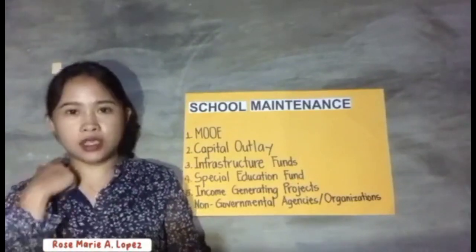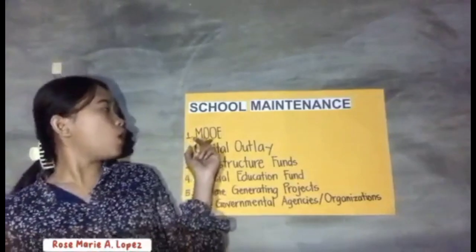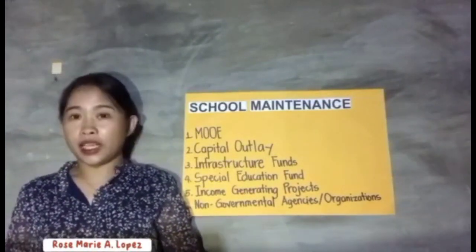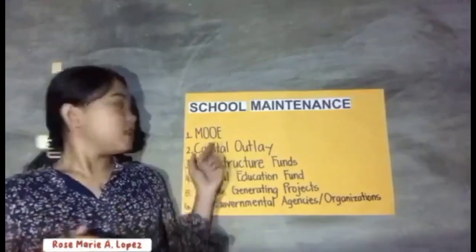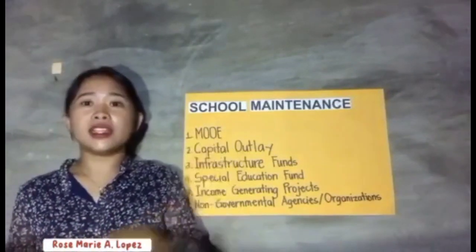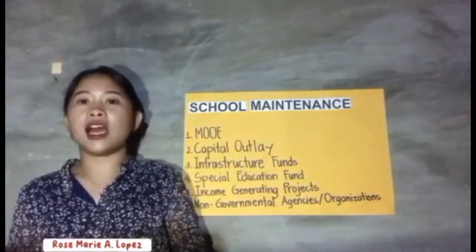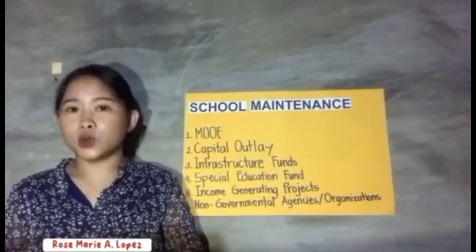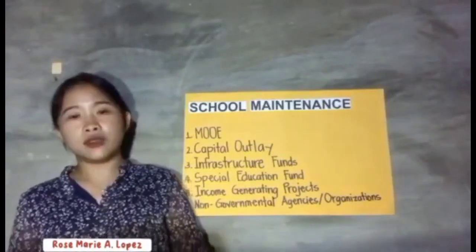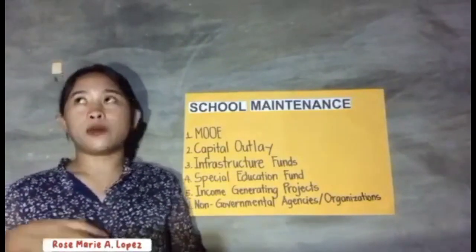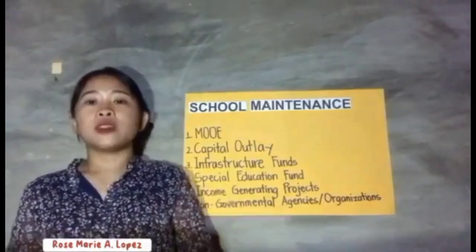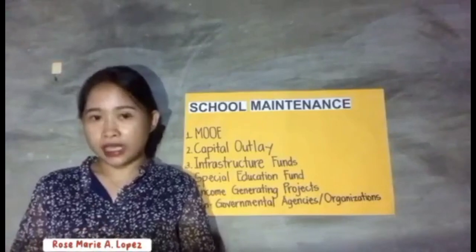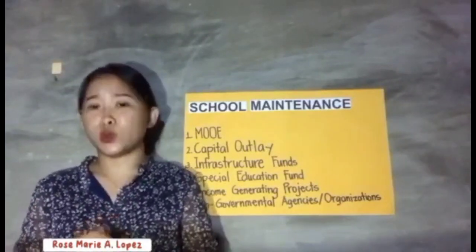So the number one is the MOOE, which means maintenance and other operating expenses. The maintenance and other operating expenses is the allocated funds for public elementary and secondary school that can be spent on activities and necessities, for example, electricity and water, that support learning programs and help maintain a safe, healthy environment in schools.